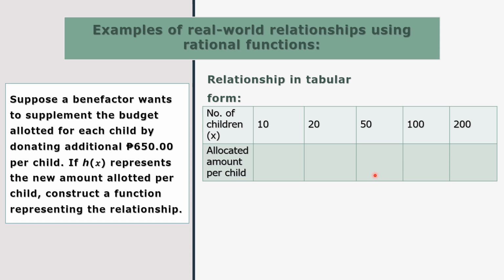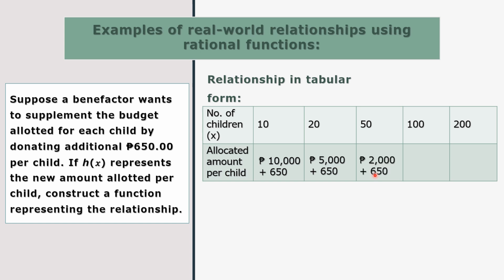Now if there are 10 children, the allocated amount per child will be 10,000 pesos plus 650 pesos. That is a total of 10,600 pesos per child. For 20 children, the allocated amount will be 5,000 plus 650 pesos per child. That is a total of 5,650 pesos.